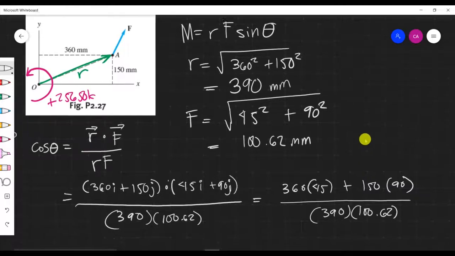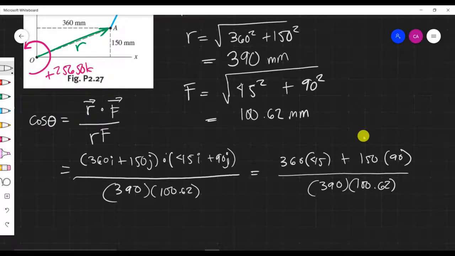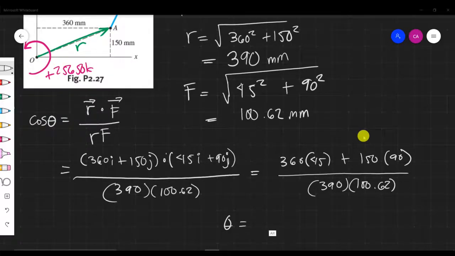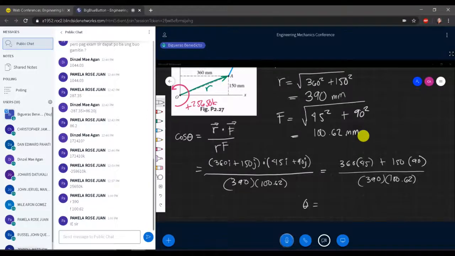Okay? Ngayon, gamit yung equation na yan, what would be the value of theta? Pakasolve. What is the value of theta? So, inaalam natin ano yung angle. So, pakisolve mo na yung mga fraction, then yung fraction arc cosine. I-arc cosine nyo siya.